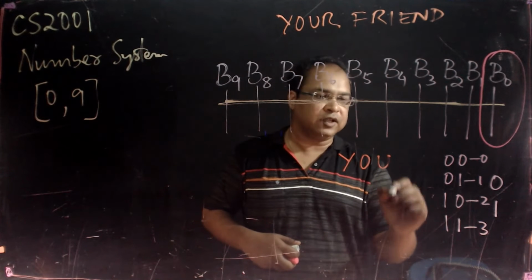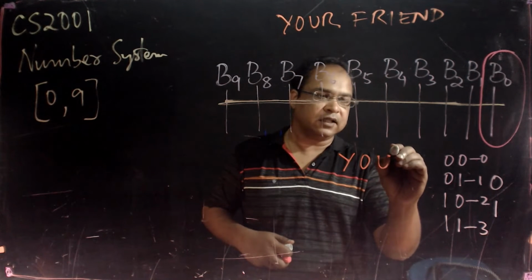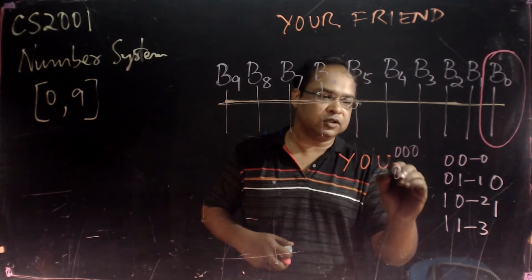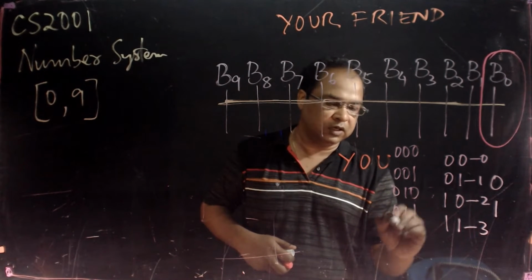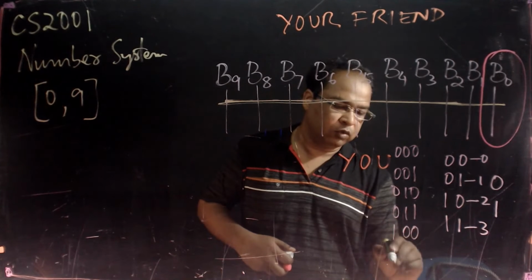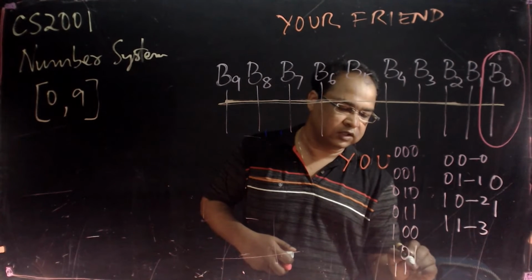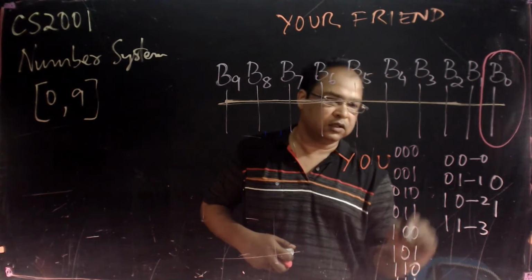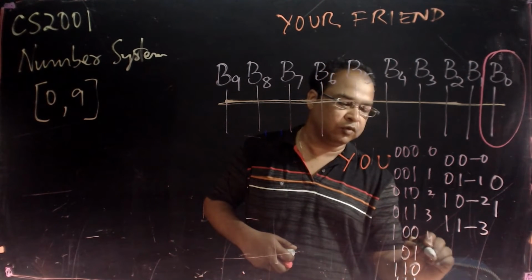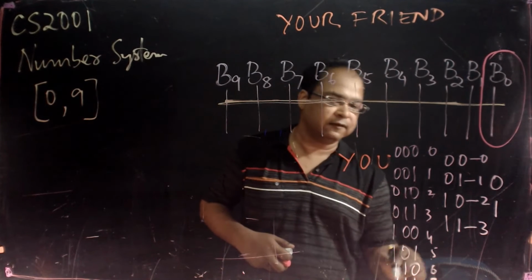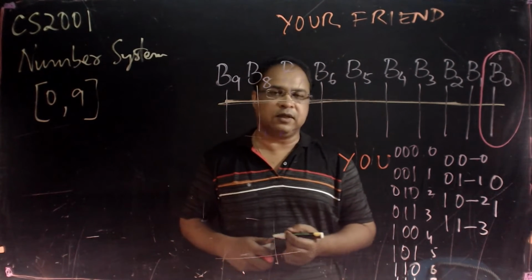Similarly, if you have 3 bulbs, 3 binary digits, you have 000, 001, 010, 011, 100, 101, 110, 111. That is 0, 1, 2, 3, 4, 5, 6, and 7. So there are 8 different possibilities out there.